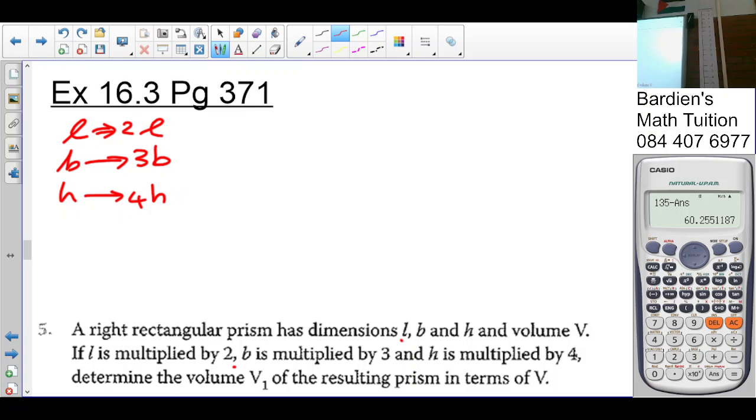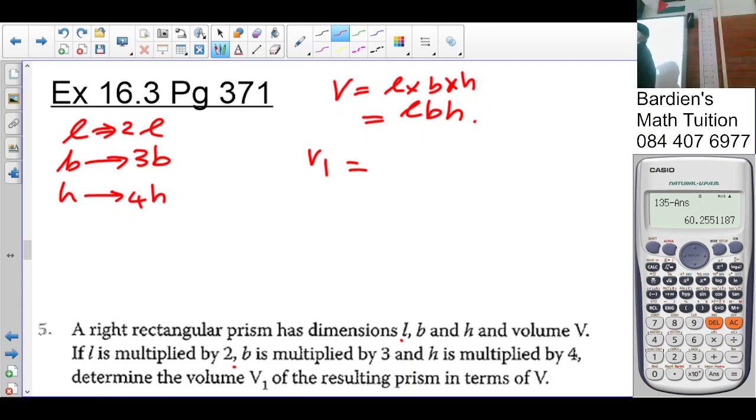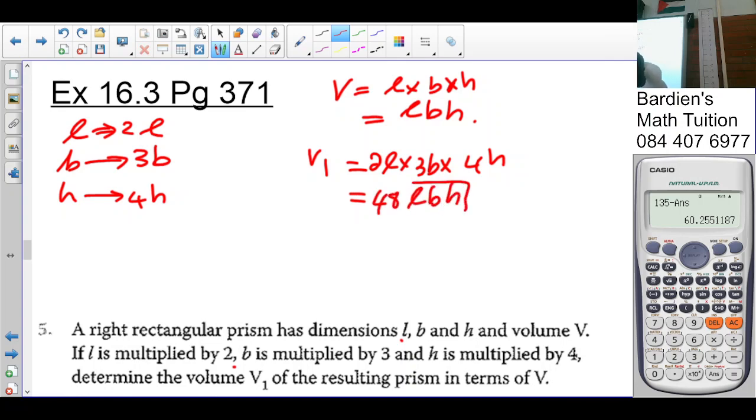So the initial volume is going to be length times breadth times height, so it's LBH. However, the second volume is also length times breadth times height. However, it's going to be 2L times 3B times 4H, which is 24 LBH. Now, where do you see LBH? It is the volume.